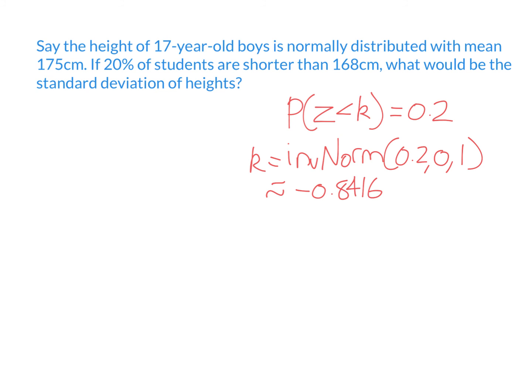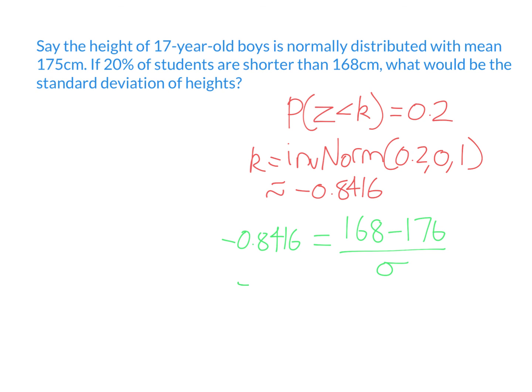Again, I can use the Z formula for this. The z-score says that our score minus the mean over the standard deviation gives you the z-score. In this case, the z-score we calculated was minus 0.8416. Now we're just going to solve for sigma, the standard deviation.